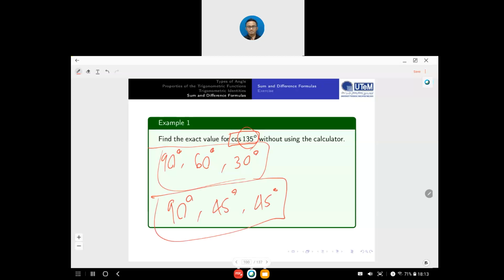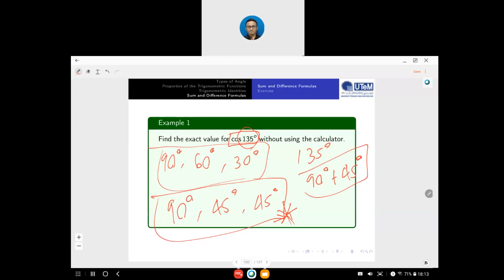So we know that in order to get 135 degree, we can get from 90 degree plus 45 degree. So kita guna yang ni. 90 degree plus 45 degree. So we are using a summation. Okay.